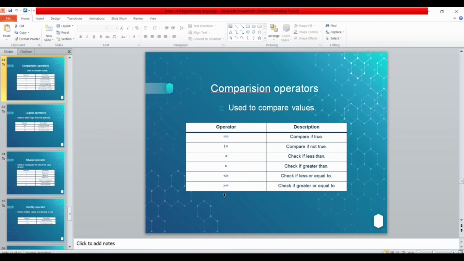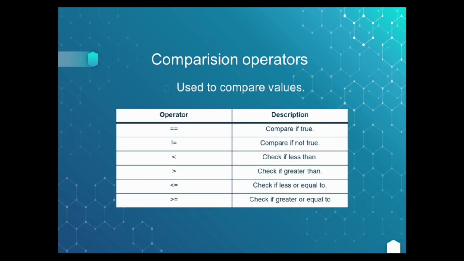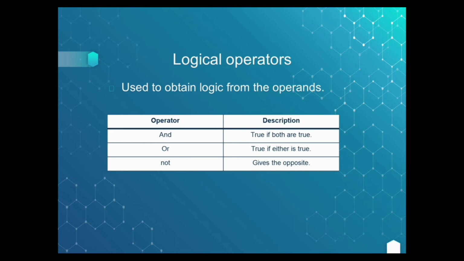Okay, by this we are concluding the comparison operators. And the next operator is the logical operator. The logical operators are and, or, and not. These and, or, not are also used in digital electronics, like the AND gate, OR gate, NOT gate.